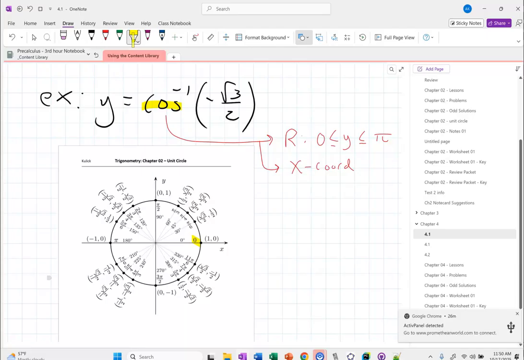Counterclockwise, because the value is positive, right? 0 to pi is only positive things. Everybody agree? So there's pi over 2, all the way to pi. Everybody okay? Where am I going to be looking then?